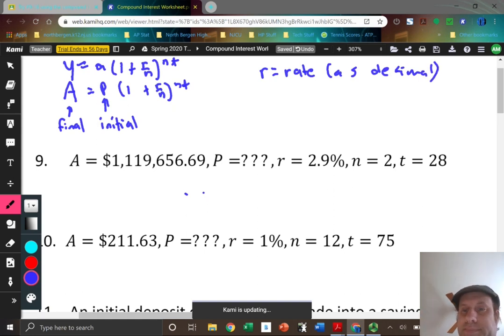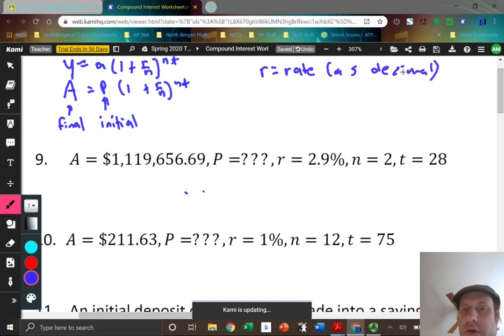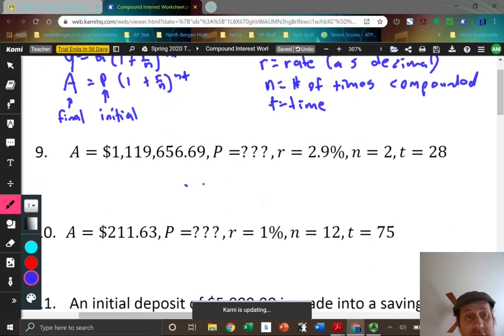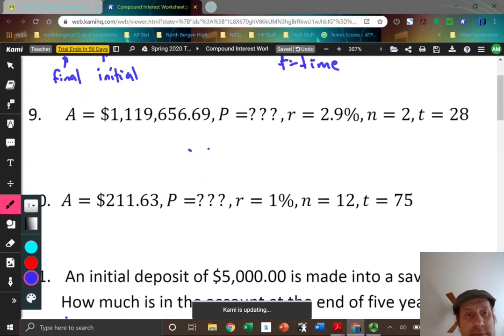And N is the number of times compounded. And lastly, T is, of course, the time. None of that has changed. So given that, let's go ahead and do this.